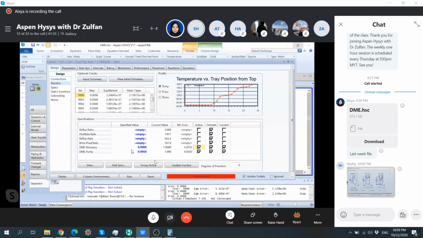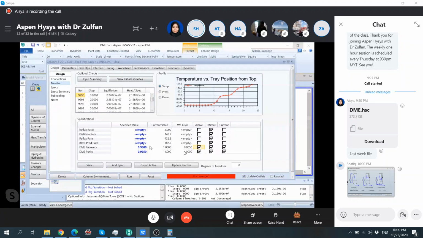So I control the recovery and the purity, but since it doesn't give us the answer, another way to solve this very quickly is that since we already know the distillate rate we would like to have, we can type it in.